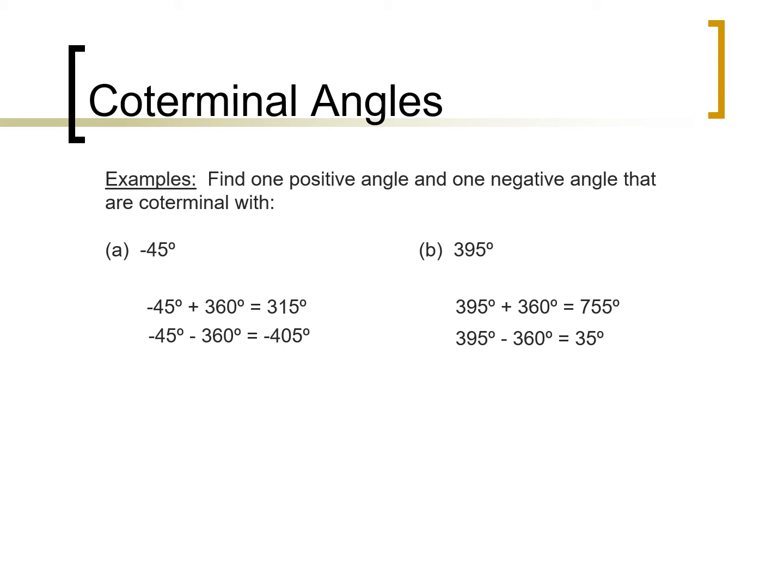I think the easier way to do that, though, is to take the answer that I got after subtracting 360 once, that 35 degrees, and just subtract another 360 from that. 35 degrees minus 360 degrees gives me negative 325 degrees. Once you have a coterminal angle, you can subtract another 360 to get another one, which is how I took my 35 degrees and got negative 325 degrees from that.